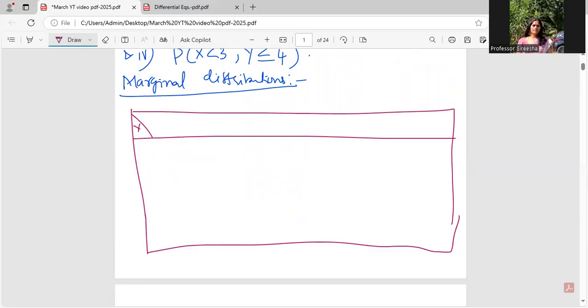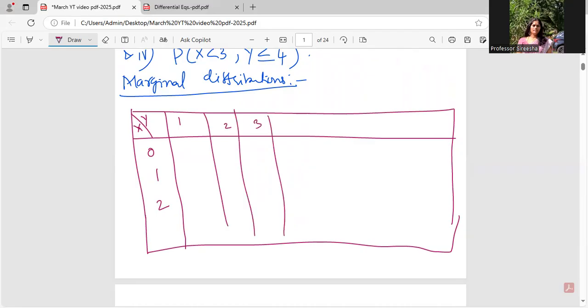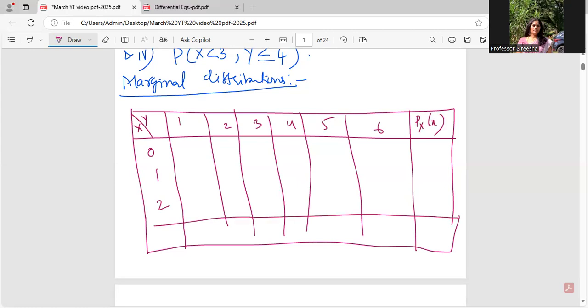This is X. This is Y. X is ranging from 0 to 2. Y is ranging from 1 to 6: 1, 2, 3, 5, and 6. These things on the right would be P of X, and these things below would be P of Y.